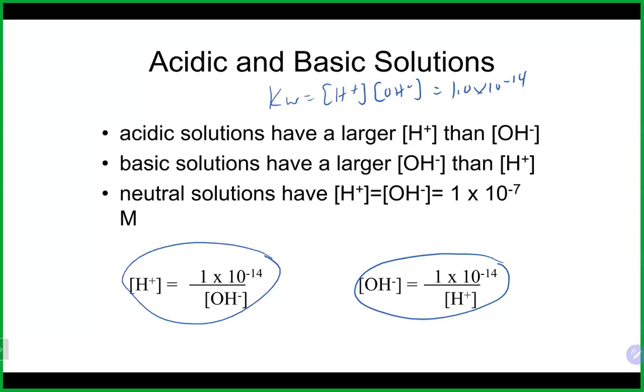The relationship between the H+ concentration and the OH- concentration is an opposite relationship. As the H+ concentration goes up, the OH- concentration goes down, and vice versa. As the OH- concentration goes up, the H+ concentration goes down. So they run opposite of each other.